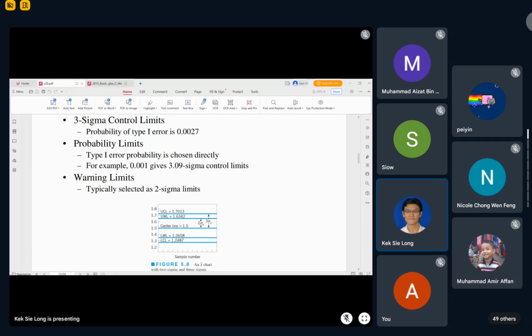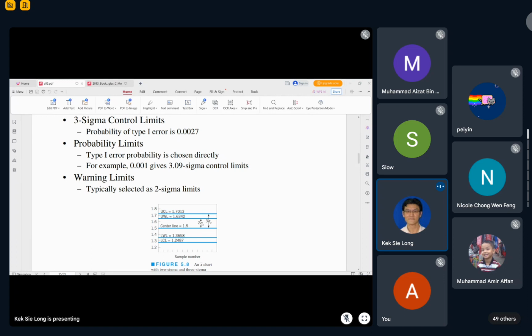Before that, let's see the probability limit. Type 1 error probability is chosen directly. We have mentioned the type 1 error many times. The value of type 1 error represents the probability of what?